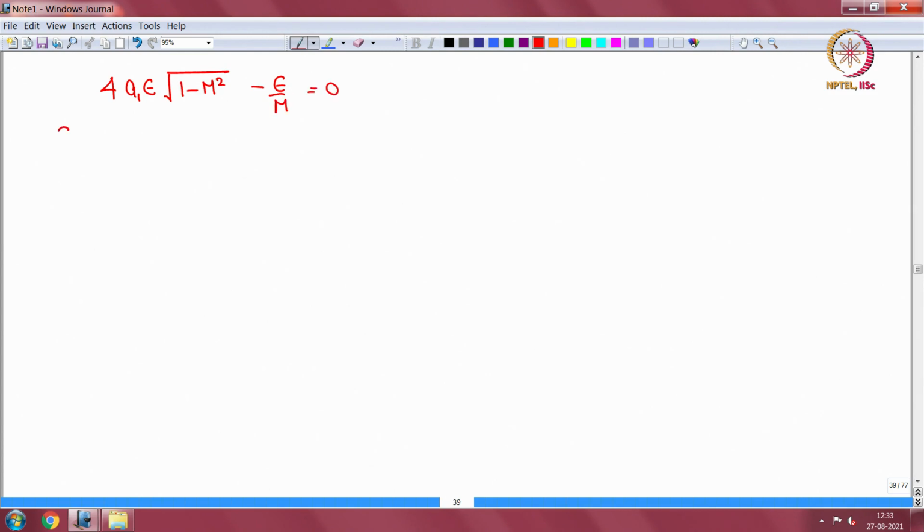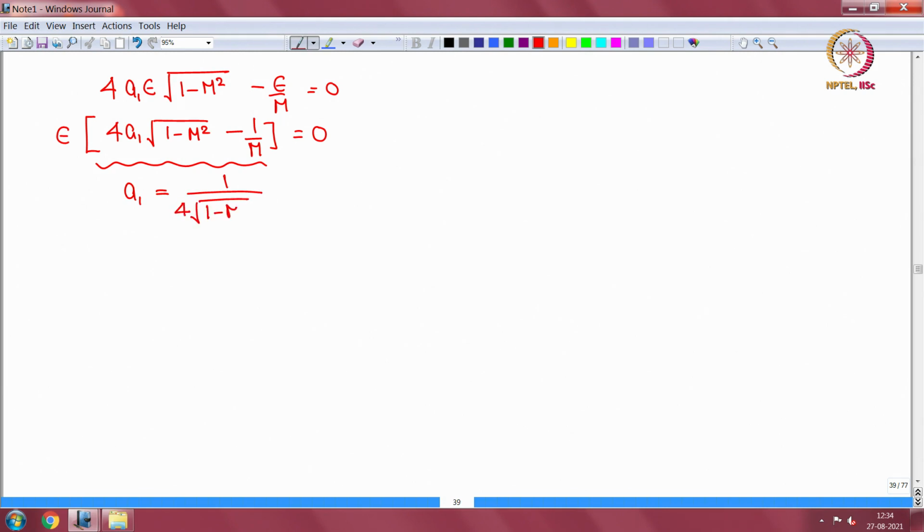If I take out epsilon, I get 4 a1 square root of 1 minus m squared minus 1 by m equal to 0. So, setting this coefficient equation to 0, I get a1 is equal to 1 by 4 square root of 1 minus m squared into m.